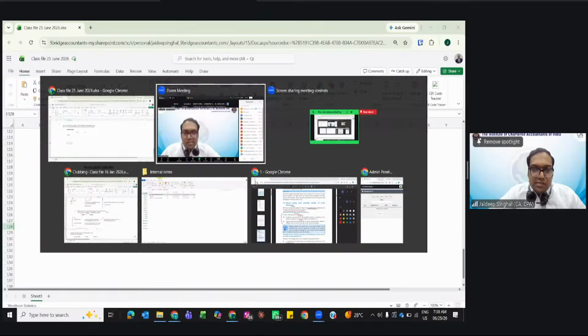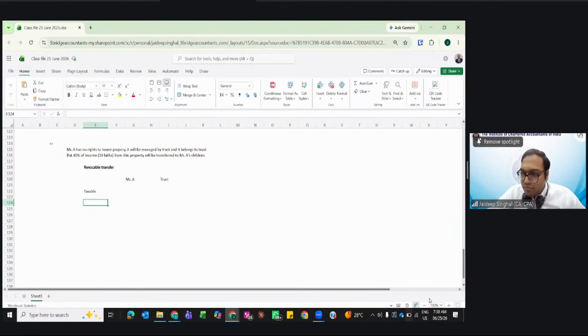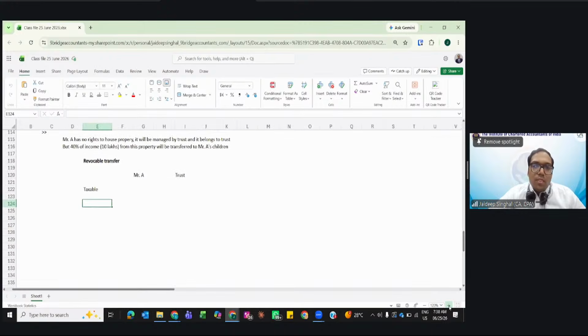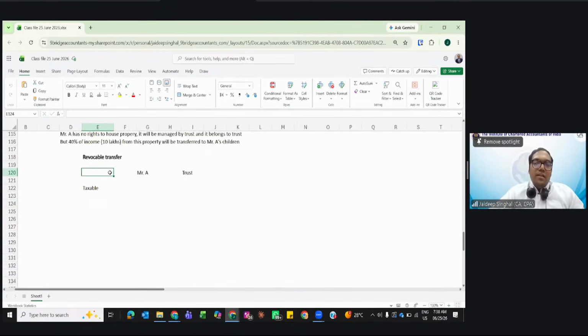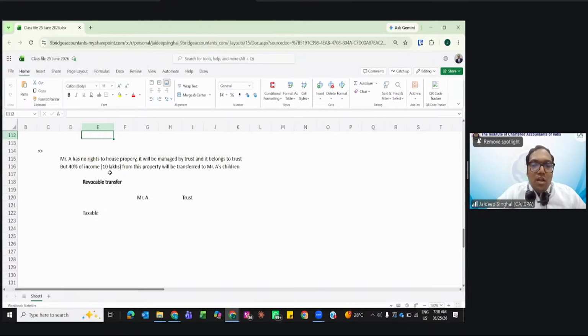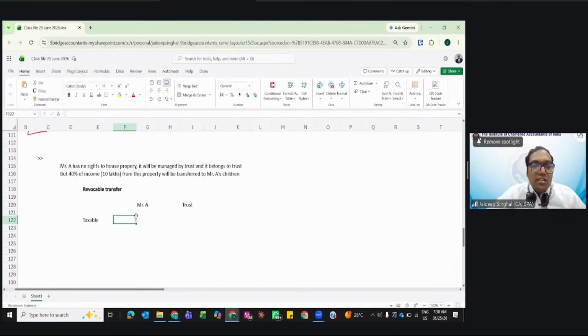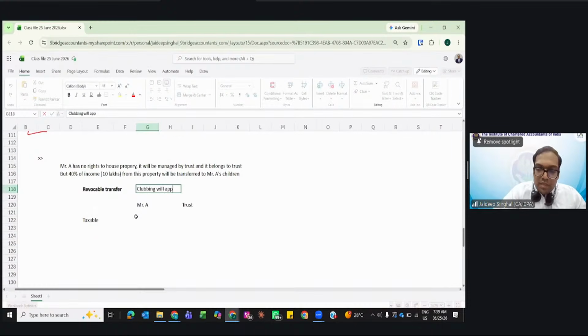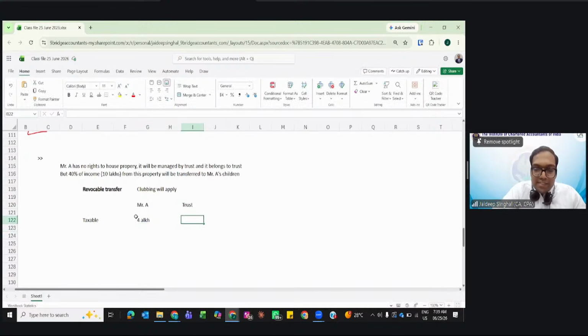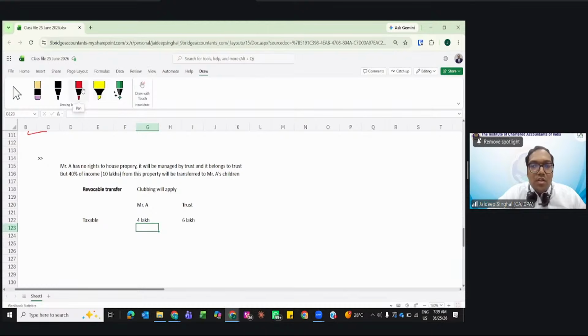I hope you can see it now, right? So it is a revocable transfer. Now, how much will be taxable to Mr. A? Clubbing provisions: if it is a revocable transfer, clubbing will apply. Can I say 4 lakhs will be taxable here and 6 lakhs will be taxable here? Everyone says no, because either the entire income will be taxed or not, since clubbing provisions will apply to the entire amount or not at all.